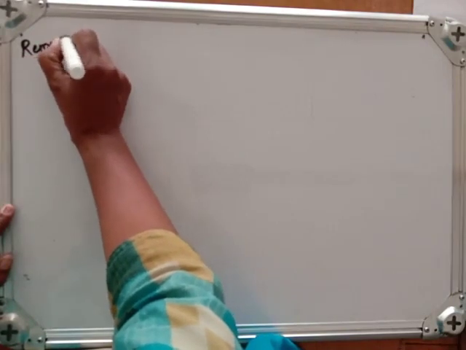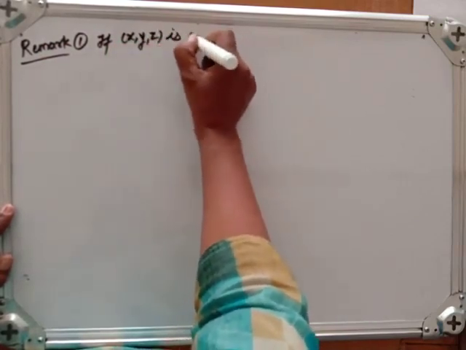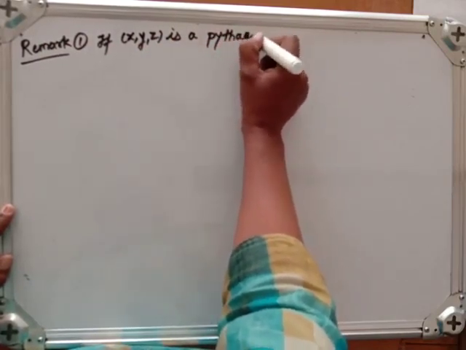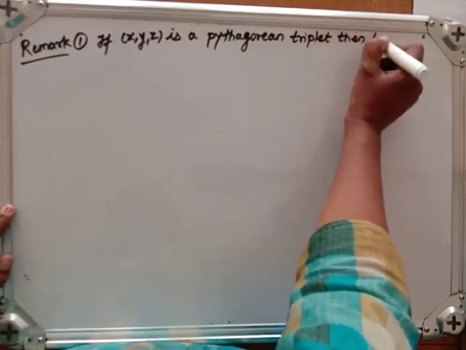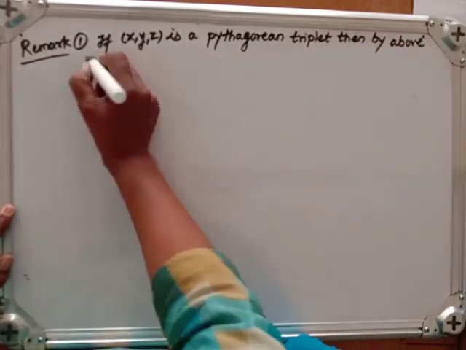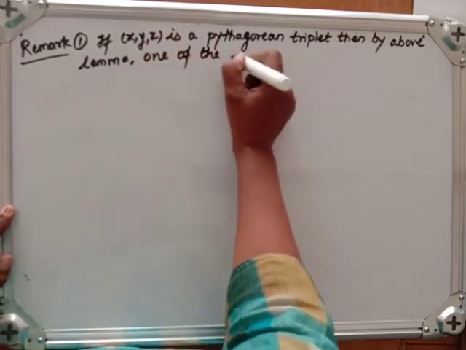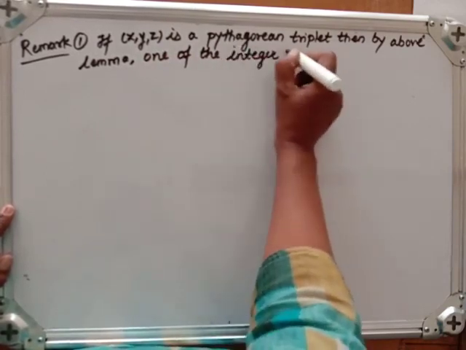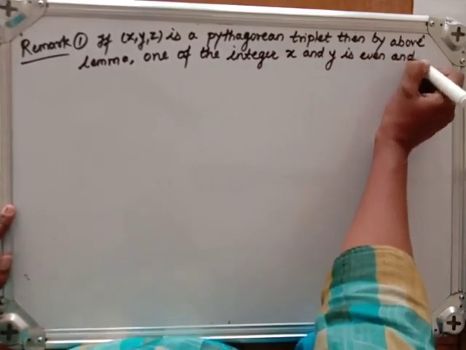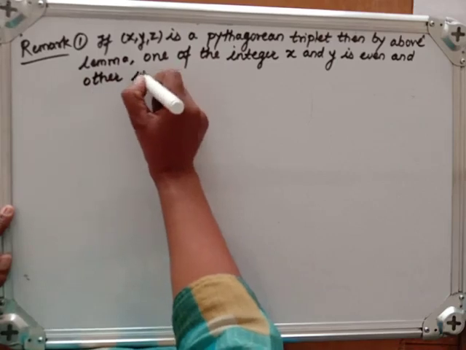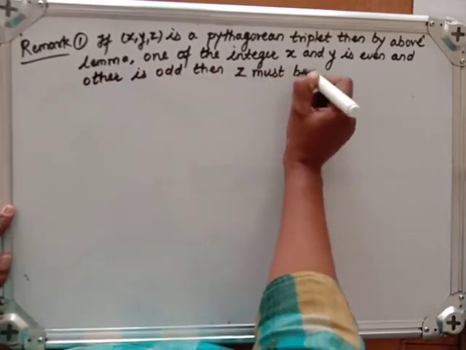Remark 1: if x, y, z is a Pythagorean triplet, then by the above lemma, one of the integers x and y is even and the other is odd, then z must be an odd integer.